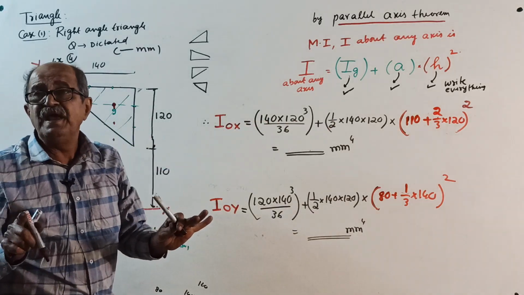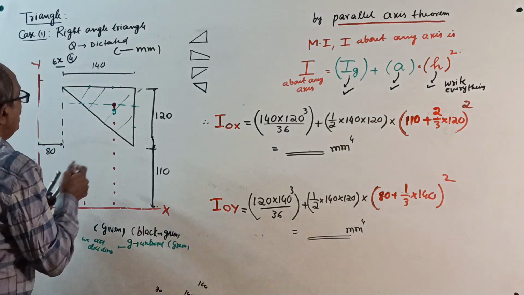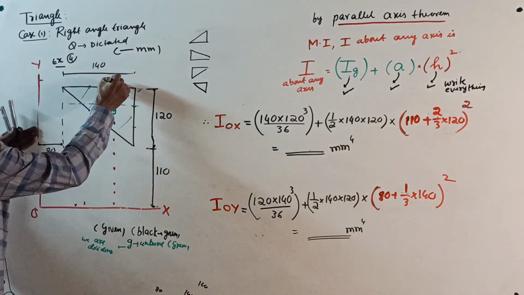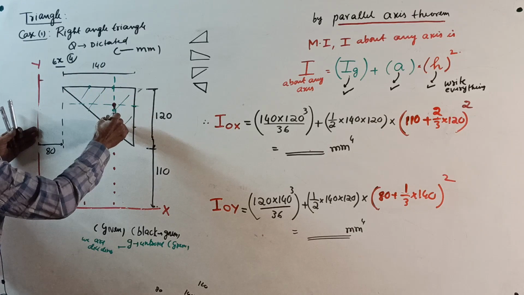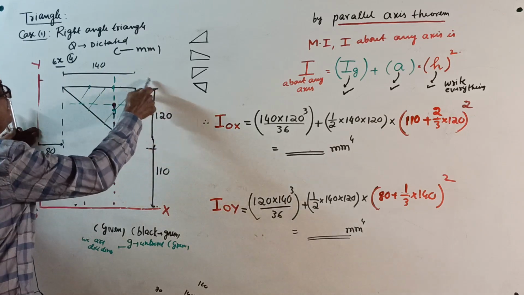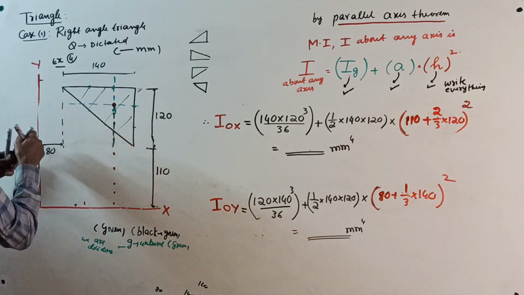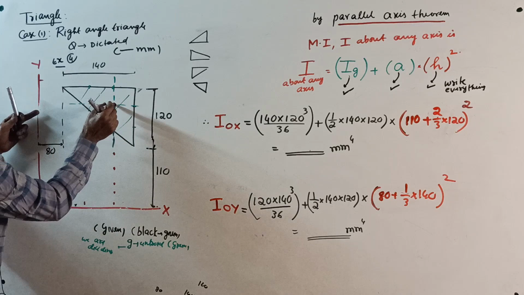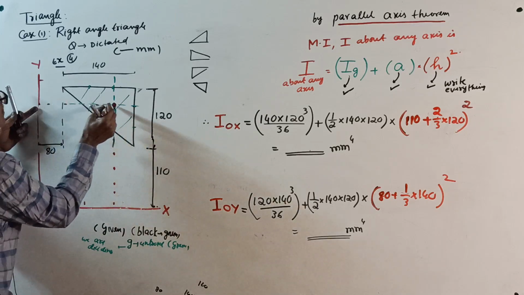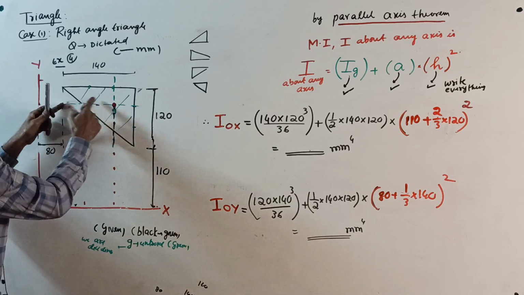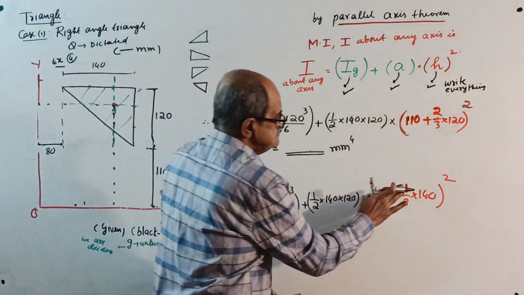You should write once again. Okay, I about OY, not YY, OY. First I about this axis. 120 into 140 cube by 36 plus area into, now what? From centroid to this axis, this distance square is 80 plus 2/3 of 140.